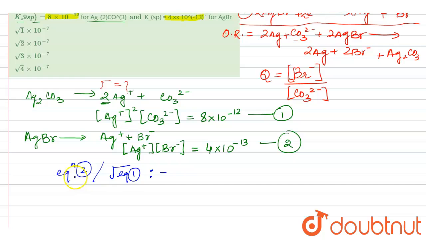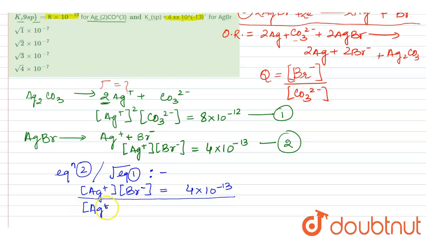So equation 2, that is Ag plus and Br minus, is equal to 4 into 10 to the power minus 13, divided by Ag plus whole square and CO3 2 minus, which is equal to 8 into 10 to the power minus 12, with the square root of this equation. So square root over here also and square root over here also.